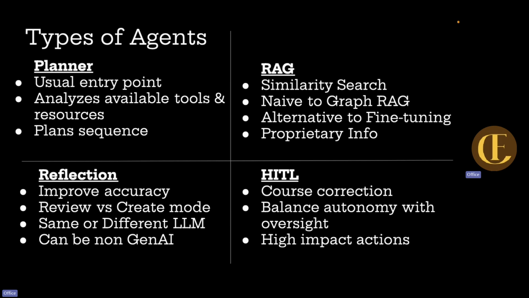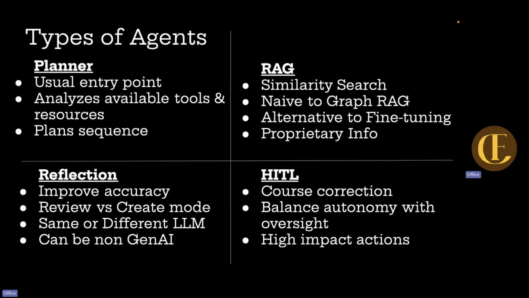So let's look at this. Different types of agents. One is the planner agent. The request comes in, and the planner agent has a bunch of agents, like minion agents, with it. It says, this is the goal, and I know that this agent can deal with my LinkedIn, and this agent can deal with my emails.